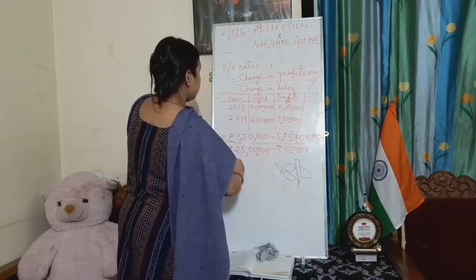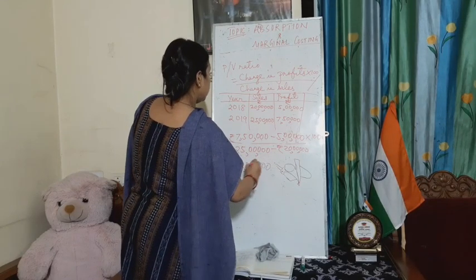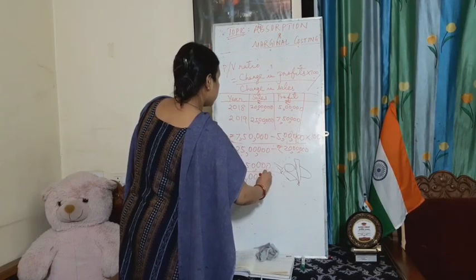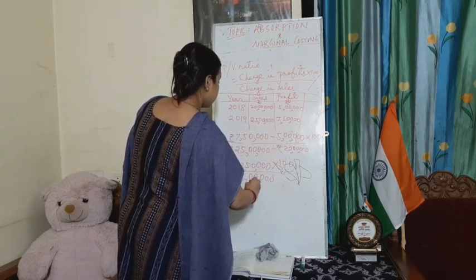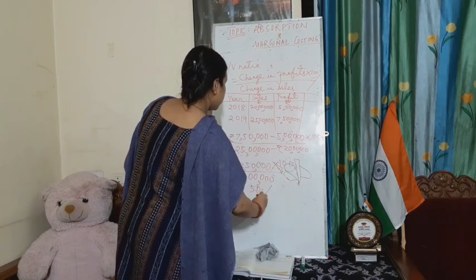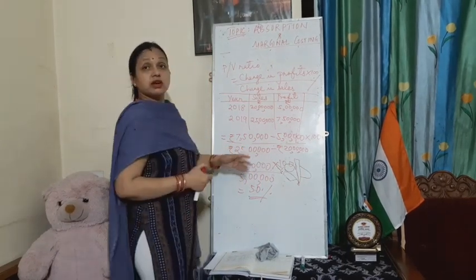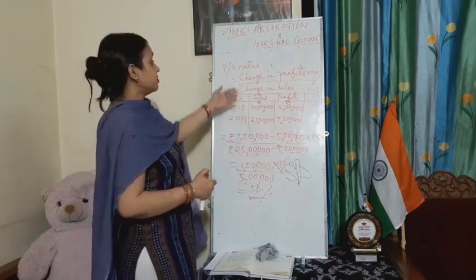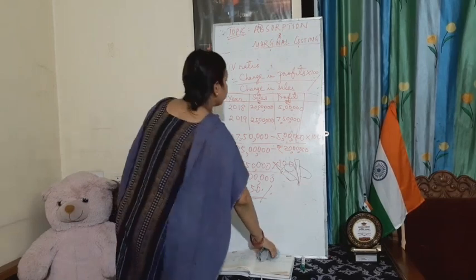So it comes to 2,50,000 divided by 5 lakh into 100%, which comes to 50%. So this is another method to calculate the PV ratio. Whenever the profits of 2 years and the sales of 2 years are given, PV ratio is change in profits divided by change in sales into 100%.